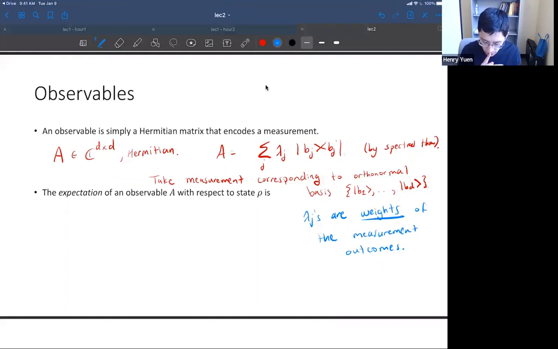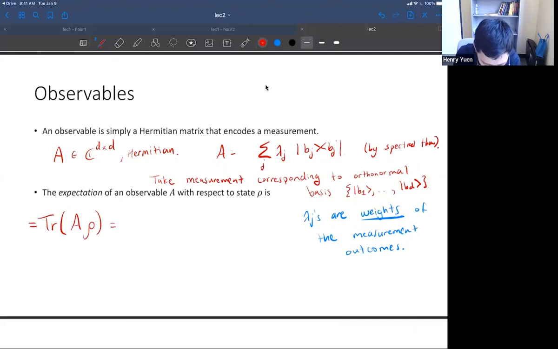So the reason we want to package measurements with weights in this way is because if you want to talk about the expected outcome according to these weights, then there's a very convenient mathematical formula, which is the following. Let's say you measure some quantum state rho with respect to observable A, then this is equal to, by definition, trace of A times rho. Let's see why this makes sense.